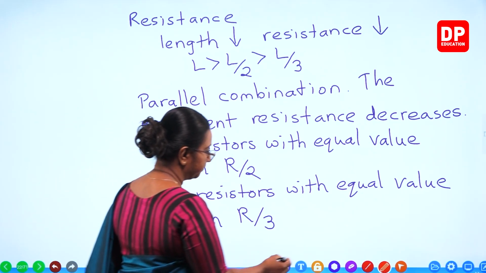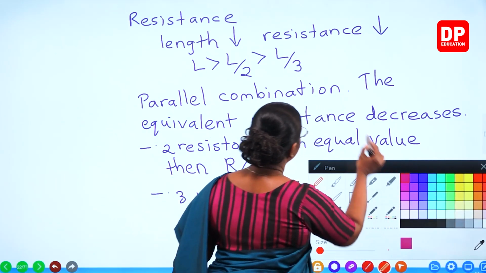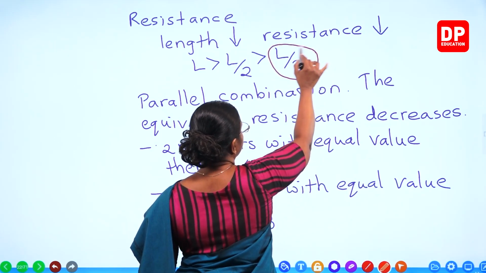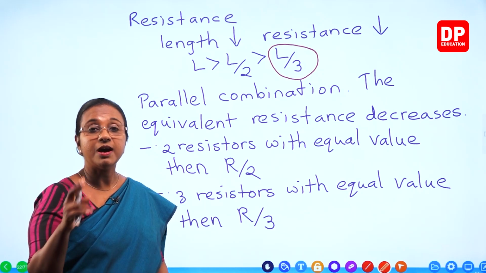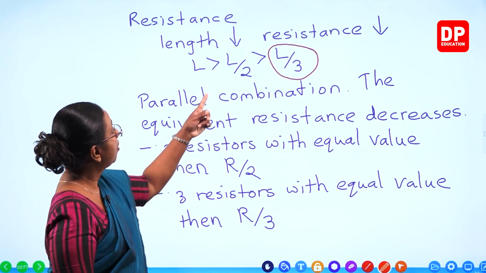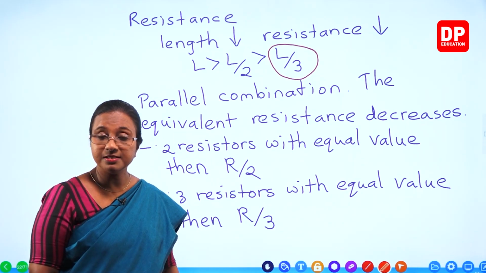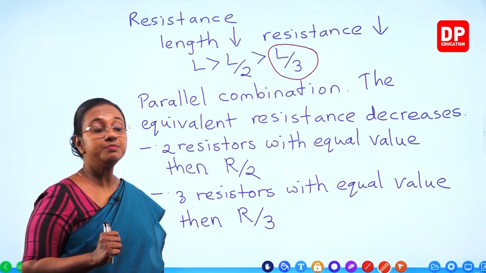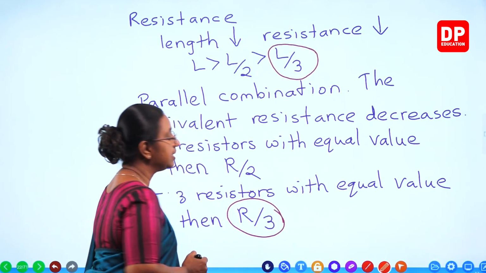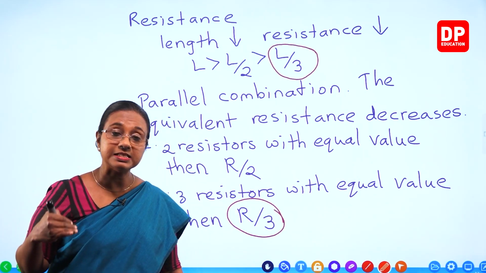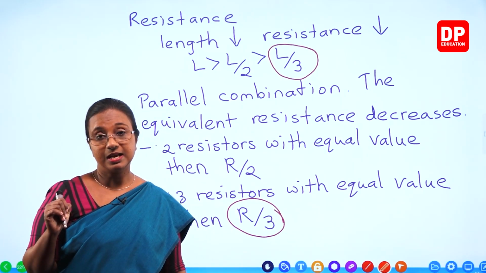So either way, if you take the third one, where you break or cut the conducting wire into 3 pieces, already the resistance decreases by 3 times, and also due to the parallel combination it decreases by 3 times.